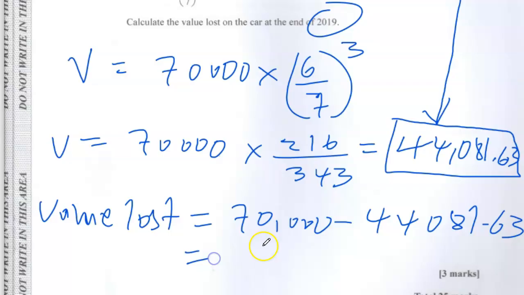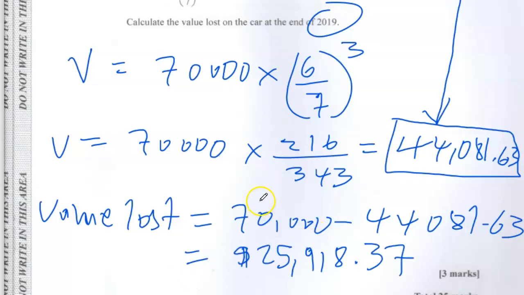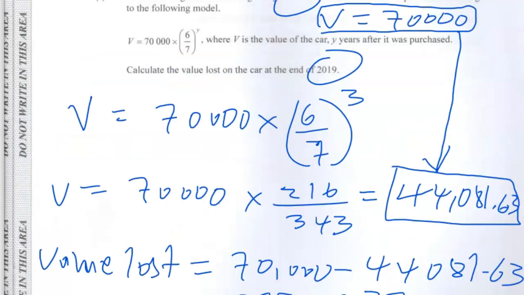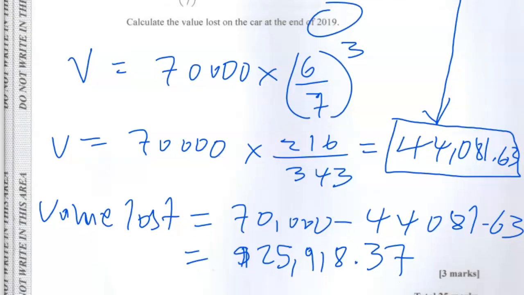So the value lost would have been 25,918.37. So again, the original value is 70,000, because in year 0, when y is 0, the value is 70,000. After 3 years, the value is 44,081.63. So in other words, it lost 25,918.